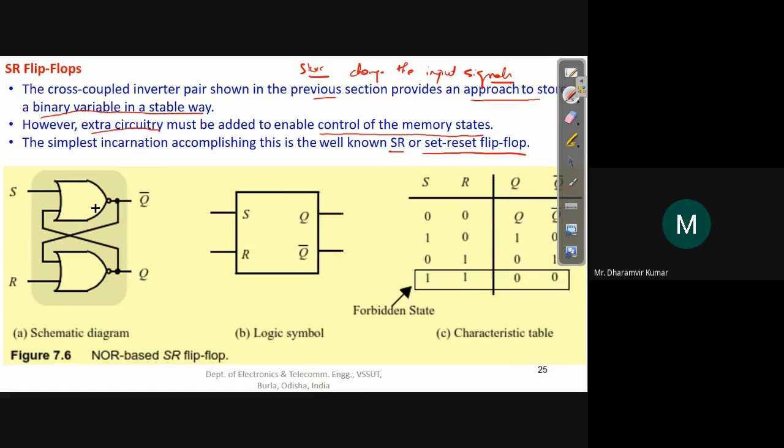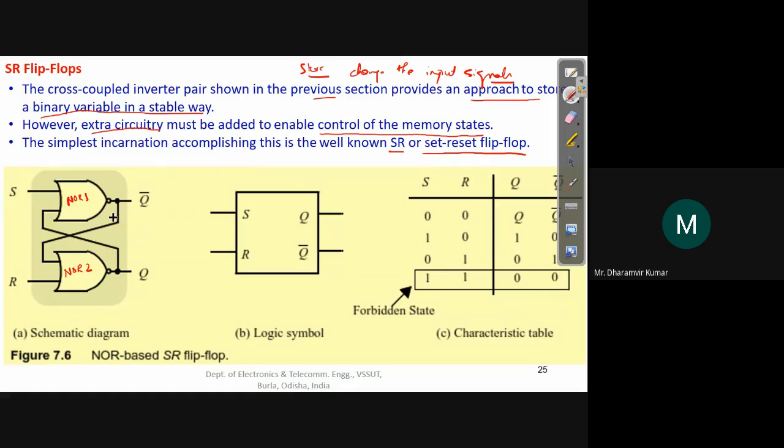These are two gates. This is a NOR gate. So let me call this NOR 1, and this is NOR 2. Now, they will always be cross coupled in nature. Remember this thing, and this cross coupling nature gives us the capability to store data.